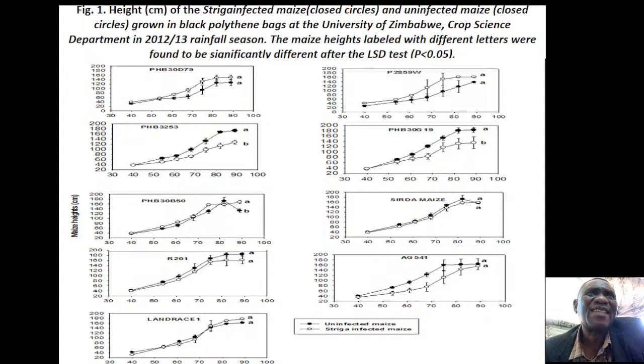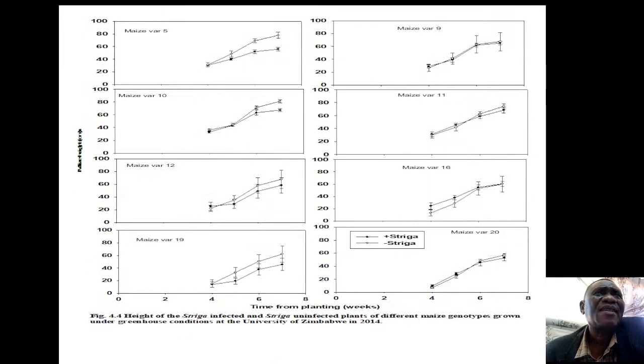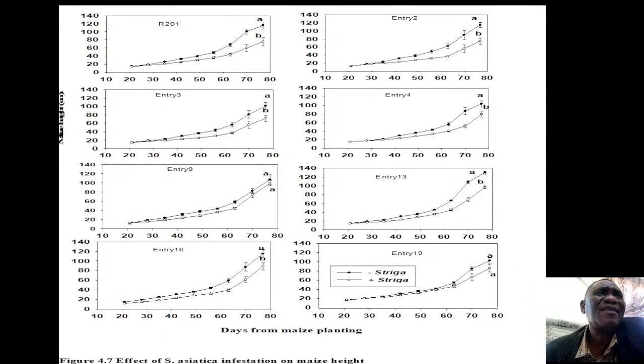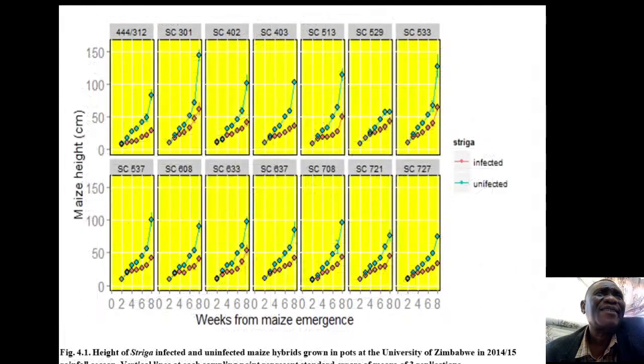I don't know whether you are seeing the arrow there. There's a lot of separation here. But if there's little separation, it means there's tolerance. So this is a quick method. And we have used it here in the department to screen quite a number of maize genotypes. Okay, so this is the way you follow the heights. A lot of separation means high susceptibility.